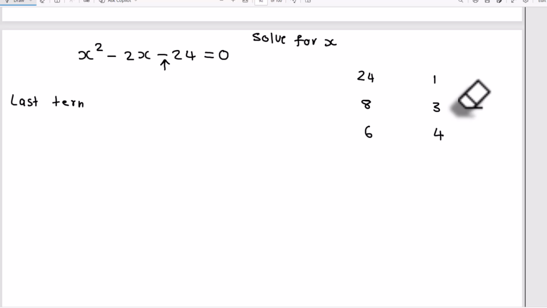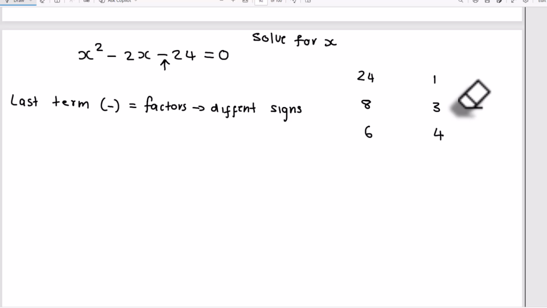If your last term is negative, it means the factors have different signs. By that I mean one factor will be positive, the other one will be negative.